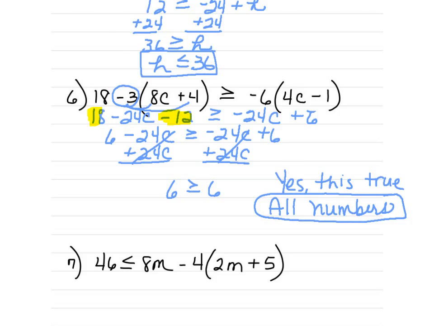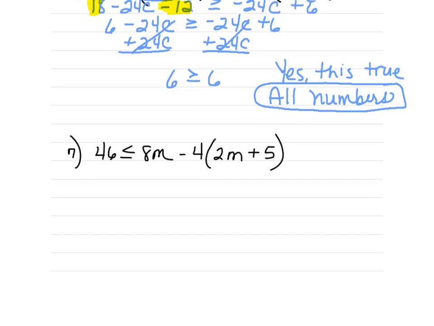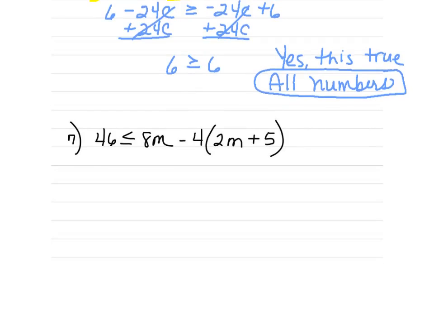Okay. Number 7. Let's try this one. Pause the video, take a moment to write it down. Okay. So my first step is I'm going to distribute that negative 4. So 46 is less than or equal to 8m minus 8m minus 20.